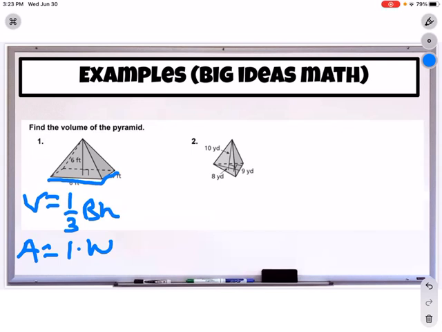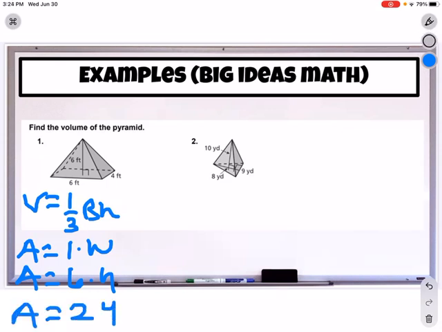For that, what is that? That is 6 times 4. So area equals 6 times 4, which is, we're currently solving the base part. 6 times 4 is 24, so area equals 24.